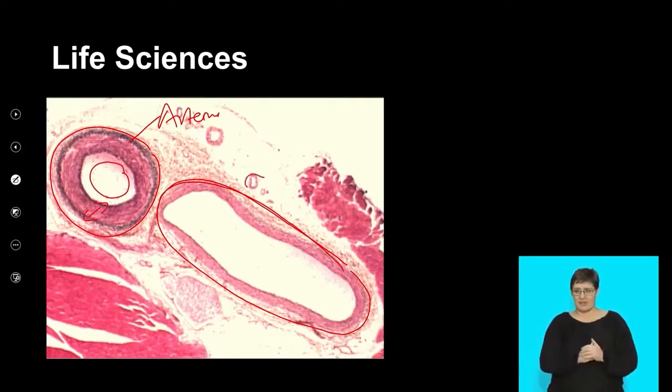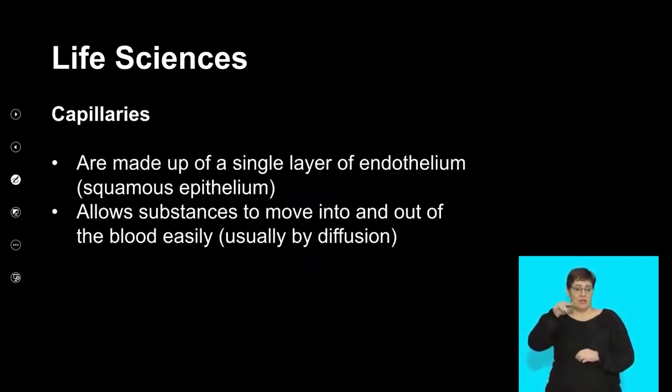And if you have a look at these little ones, these are going to be your capillaries. Now, capillaries are the next thing that we're going to look at. Guys, this is when you get a bruise or anything, or the blood at the top, this is what you've broken, your capillaries. And they are very, very thin.